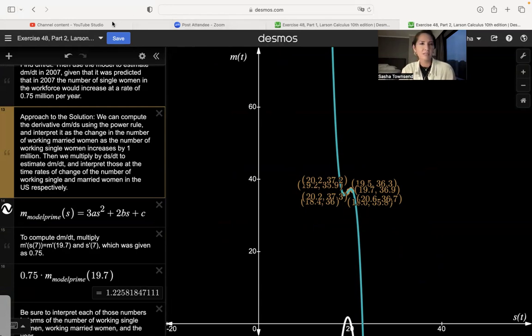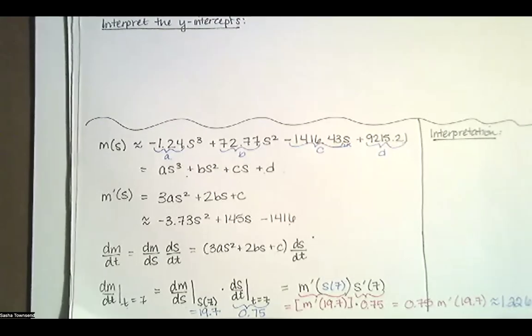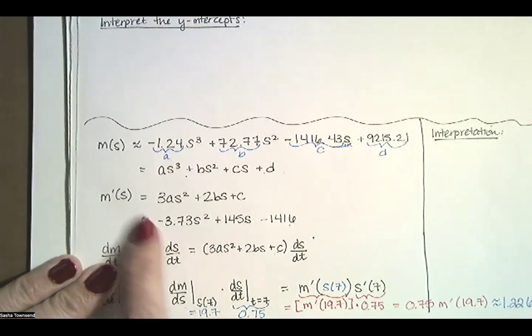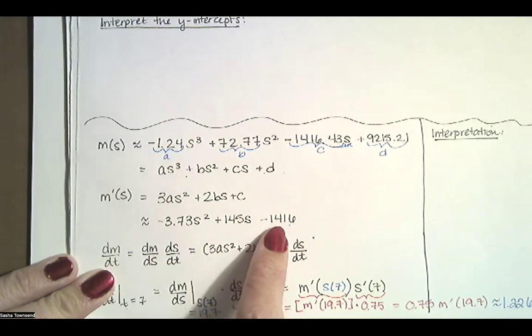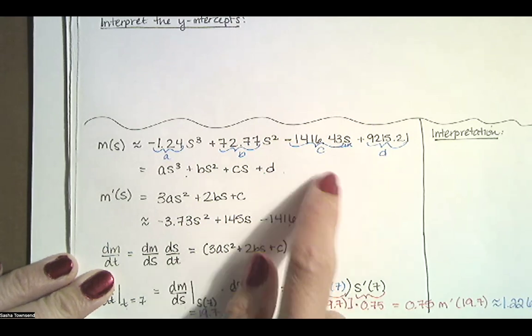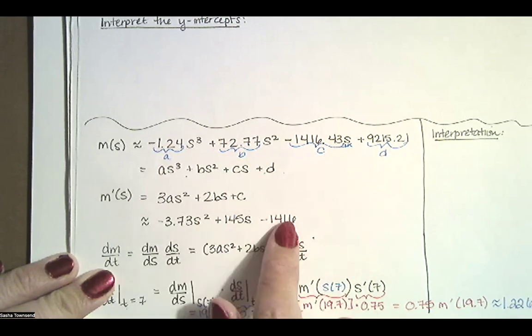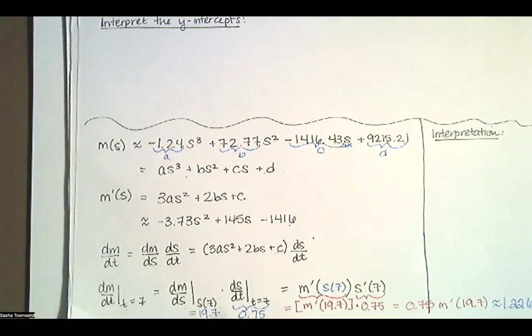Let's look at the equation itself. So our m prime is this. I've got this quadratic, but then I'm subtracting 1,416 from it whenever I take the derivative of this with respect to s. And so I get this. You say, well, what is that?